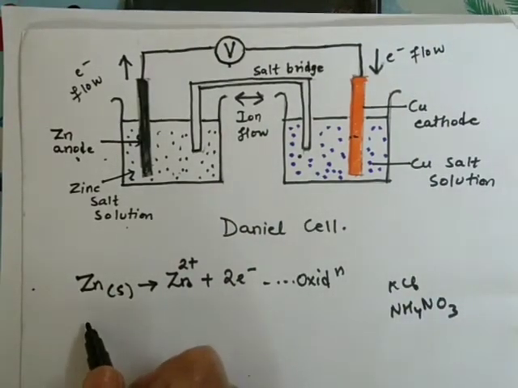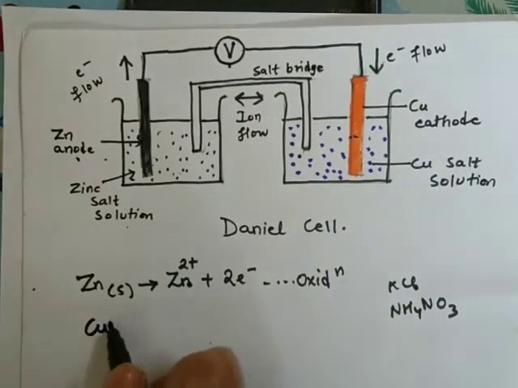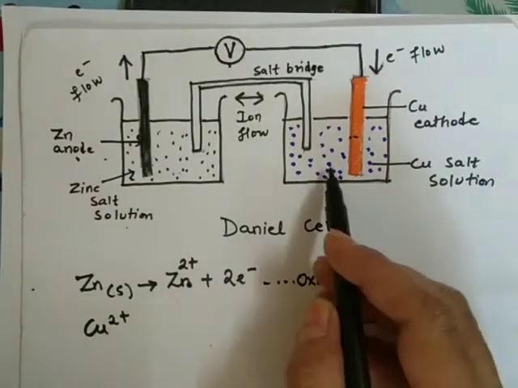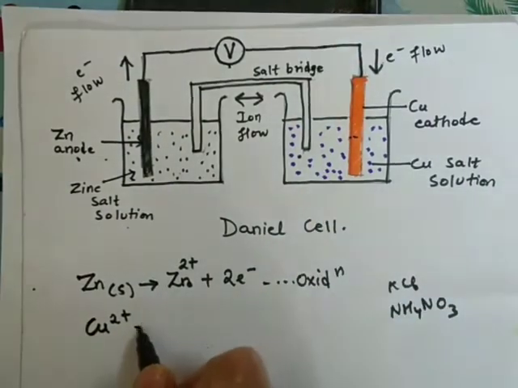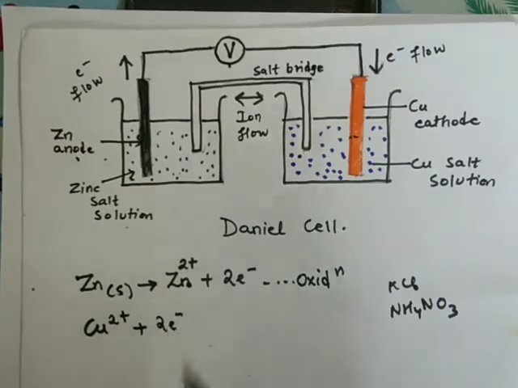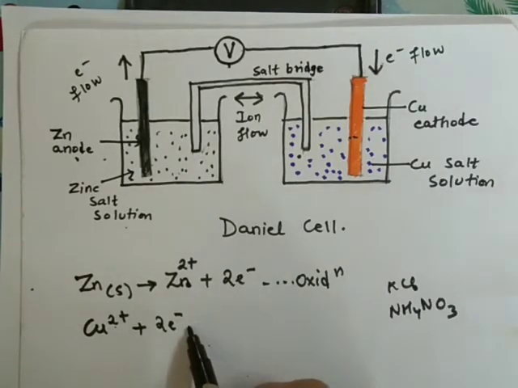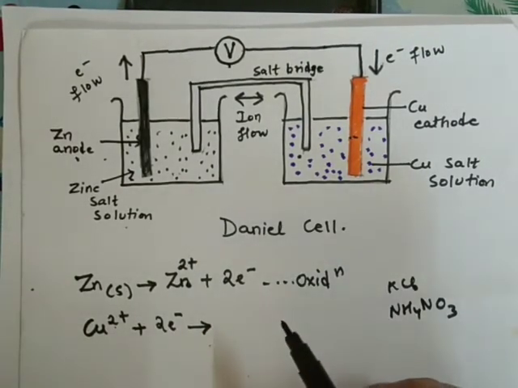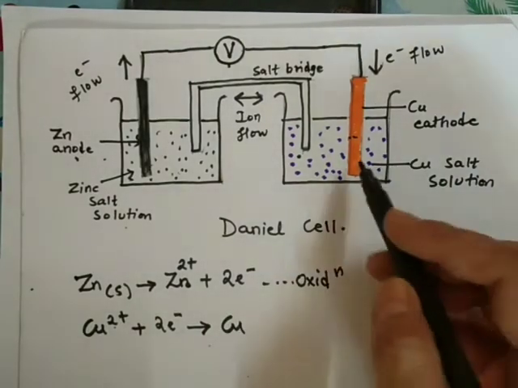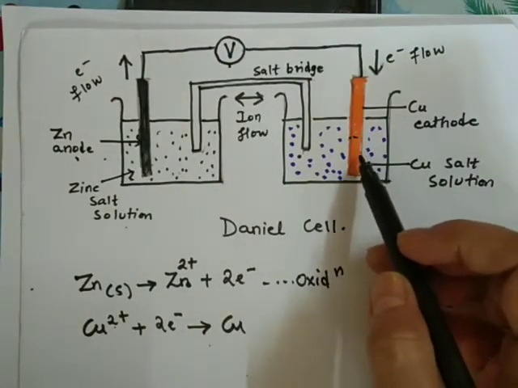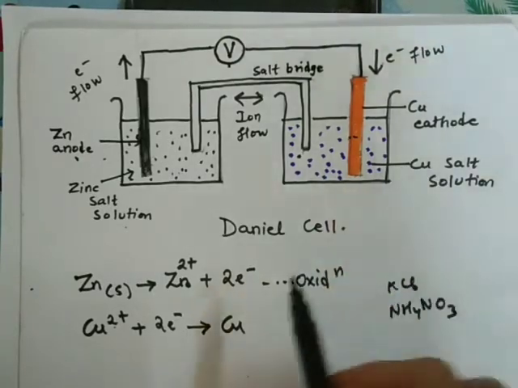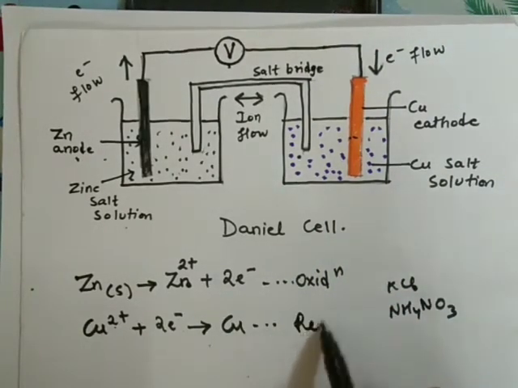Now what is the reaction at cathode? The copper ions which are present in this solution, they will take the two electrons which are coming from left side. Why will they pick up these two electrons? Because they are in need of two electrons, since they are having plus 2 charge, and it will be neutralized to copper atoms which will be deposited on the copper cathode, and the reaction is called what?